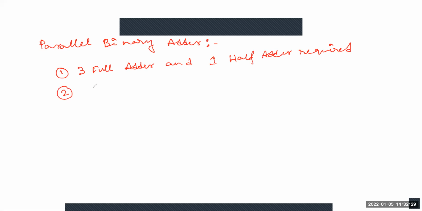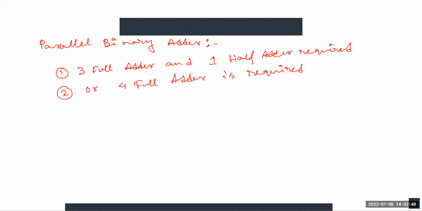The second option is 4 full adders required to construct the parallel binary adder.